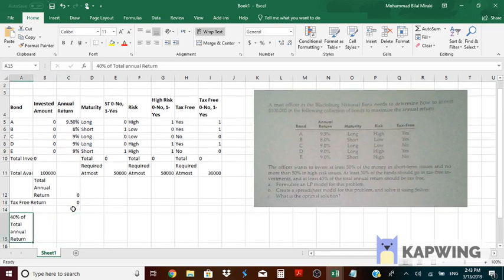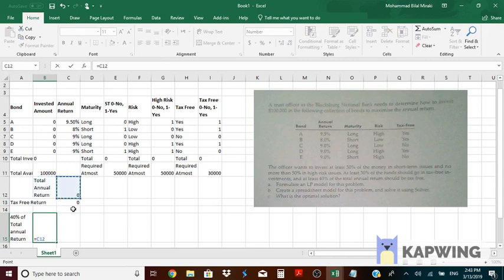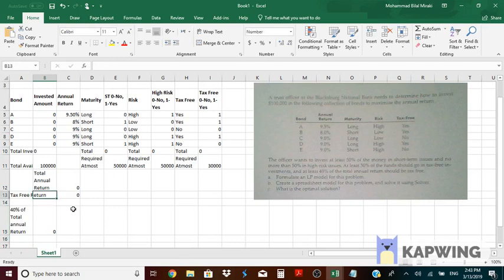In here, this is the 40% of total annual return that we say should be tax-free. So I'm going to take the total return multiplied by 0.4, which is going to give us the 40%.